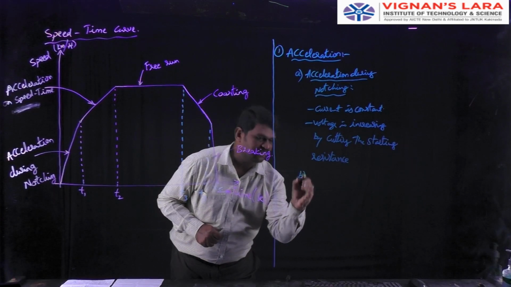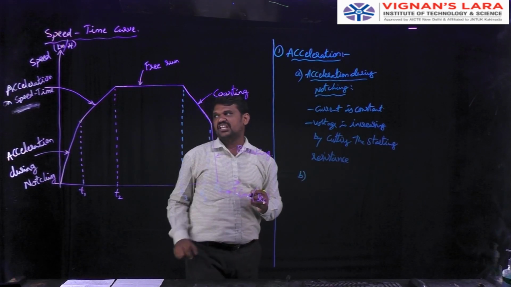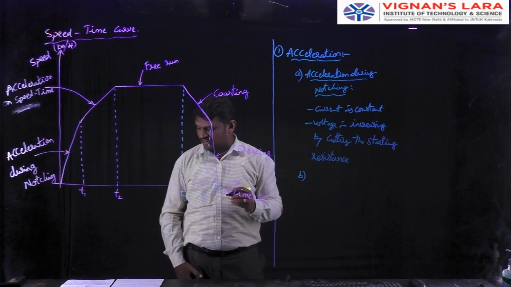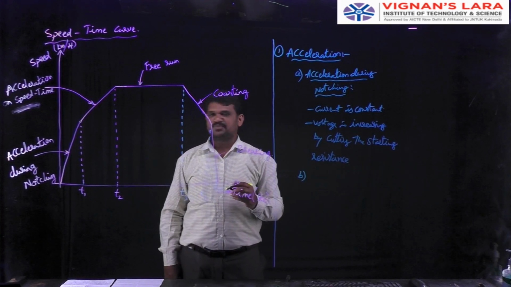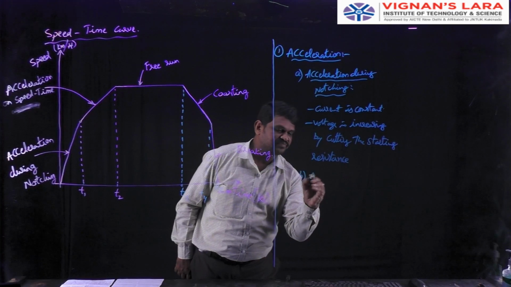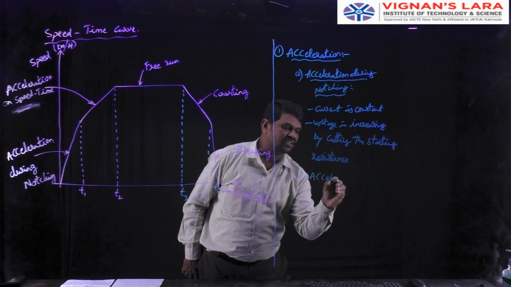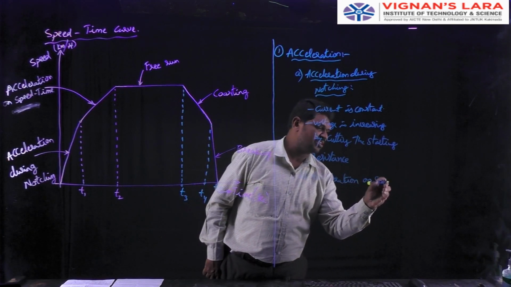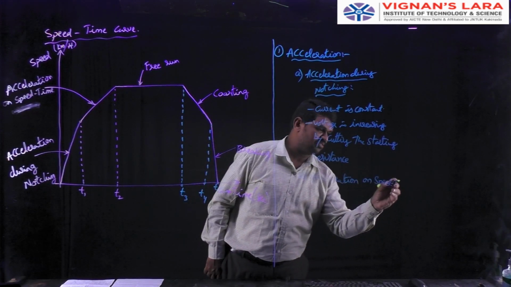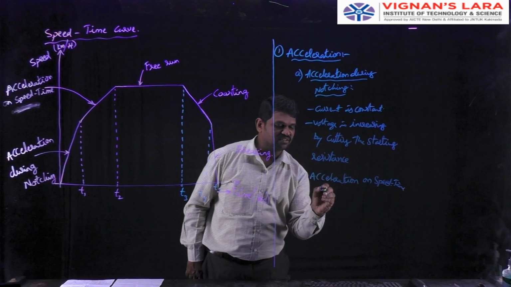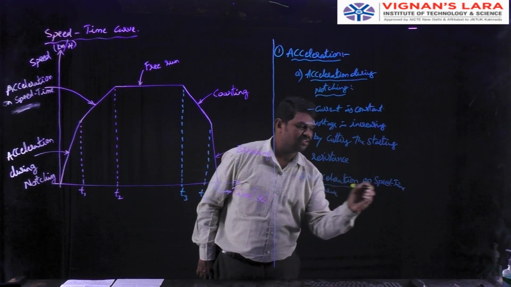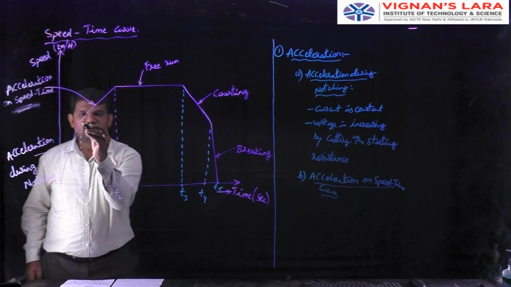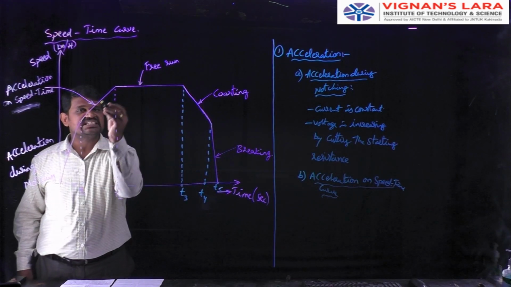The second period in this acceleration is acceleration on speed, that is, the acceleration on the speed time curve or speed curve. Now in this period, the acceleration is decreasing.